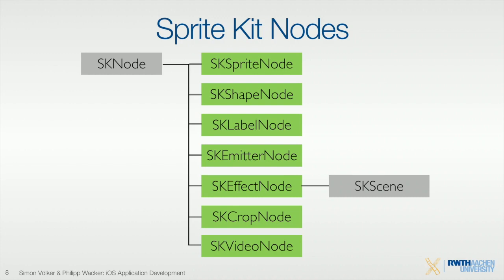The SKScene is actually a subclass of SKEffectNode, so if you apply a Gaussian filter to the scene, everything in there would be blurred. Then you have crop nodes where you can crop parts of that. You can load videos, and there are many more for lighting, for camera, and all of these things that you can imagine.